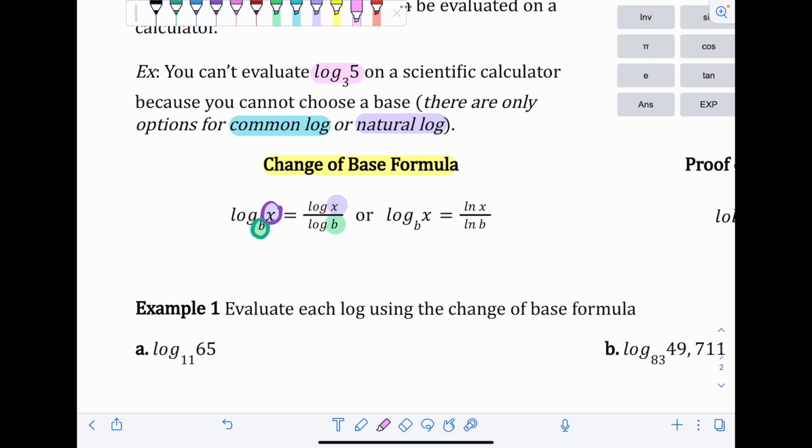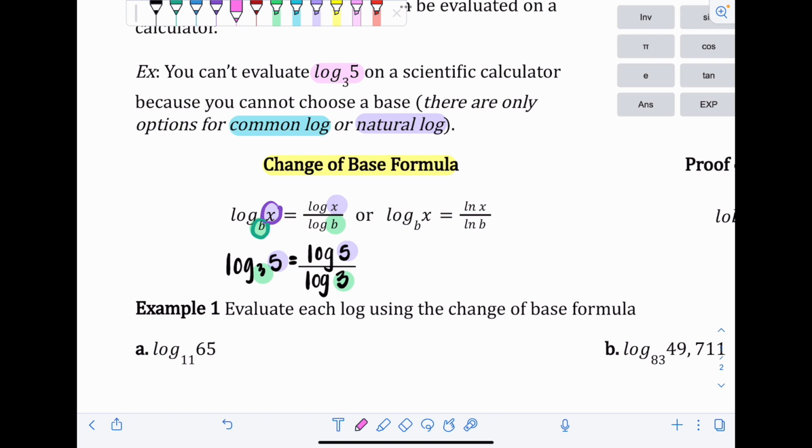As long as we have the same base on the numerator and denominator, so both common log, this works. So for example, if I take the same log base 3 of 5 from up above, and I wanted to put that in the calculator, I would put log of 5, because that was the bigger number, the one we were originally taking the log of, over log of 3, the original base, and now that's something that I could put in the calculator because it's a common log.